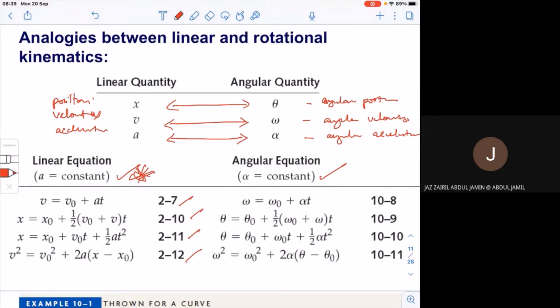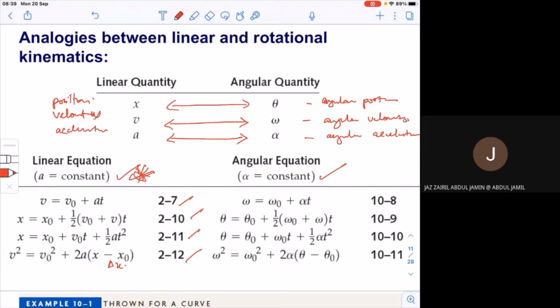So we have v equals v naught plus at, x equals x naught plus half (v naught plus v) times t, x equals x naught plus v naught t plus half a t squared, or v squared equals v naught squared plus 2a delta x. And of course, we can also use them on the y-axis.